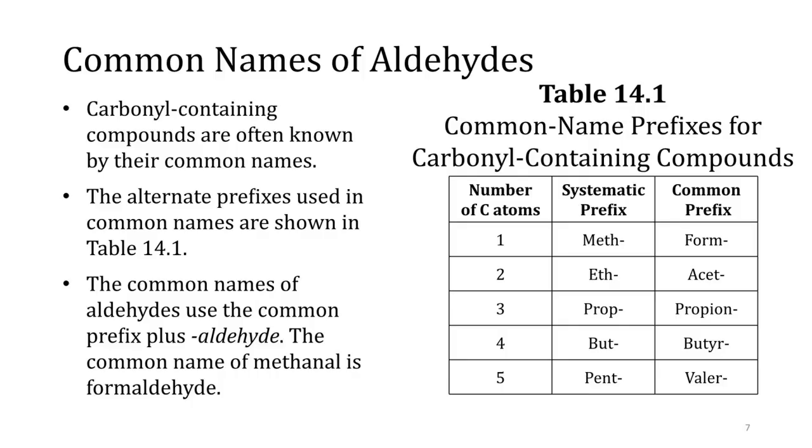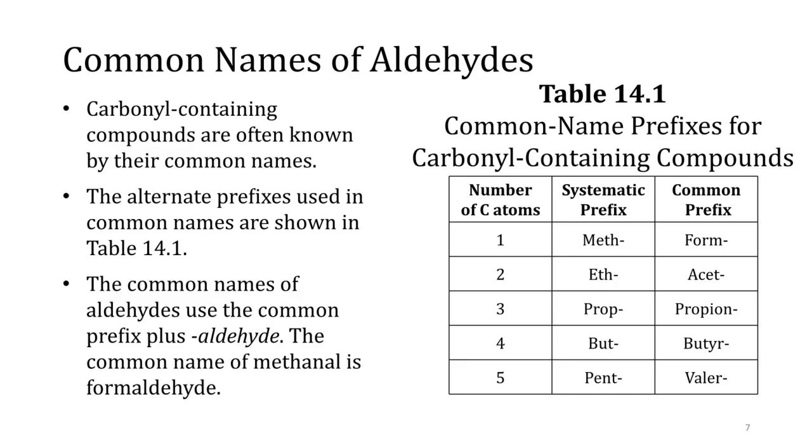Now, aldehydes have many common names that you'll come across, and you should know these, at least the first few, because you will come across these. Typically, here we've got the C1 to C5 carbon systems, and the systematic prefixes meth, eth, prop, butan, pent would give us methanal, ethanal, propanal, butanal, and pentanal. But the old common names simply take a different prefix and then add aldehyde to that.